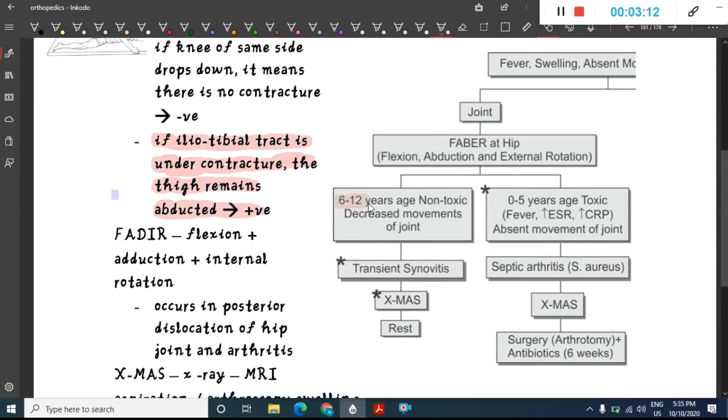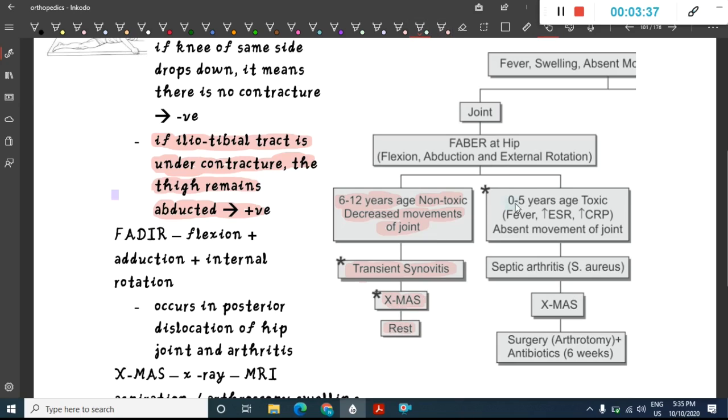If the age is 6 to 12 years, he is non-toxic and there is decreased movement of the joint, then it is most probably transient synovitis. In transient synovitis, you will have to do an X-ray and you will have to advise rest.